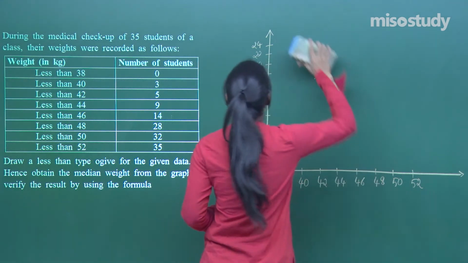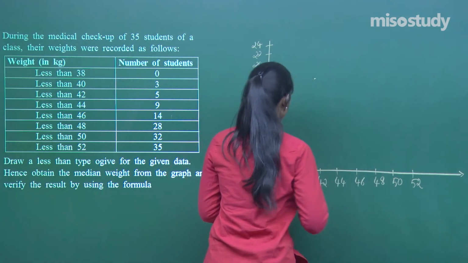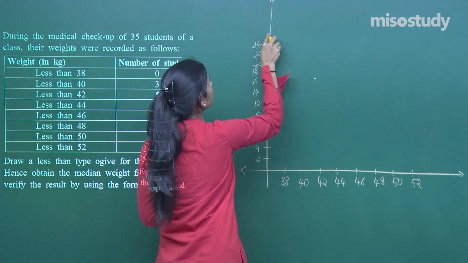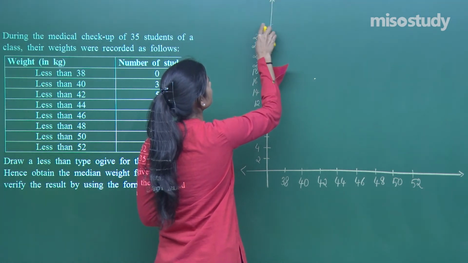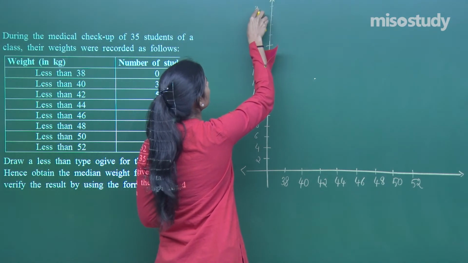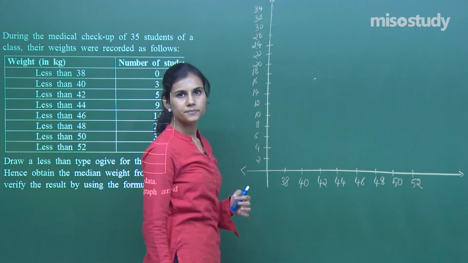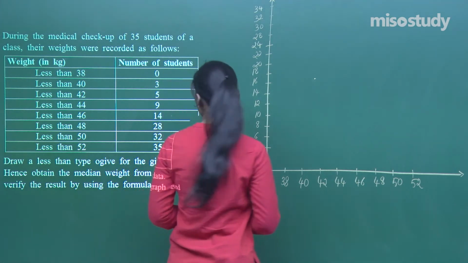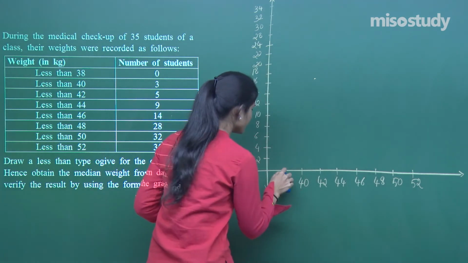Let me rub this and extend this: 22, 24, 28, 30, 32, 34. Clear? Once I have this with me, let's just mark the points: 38, 0.